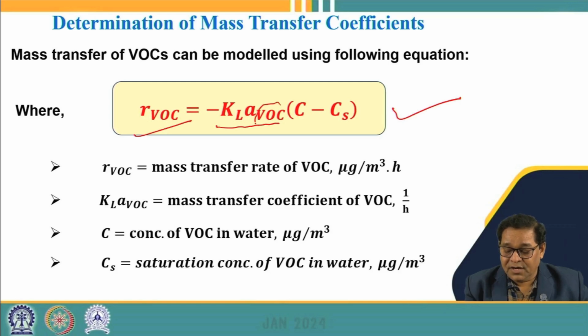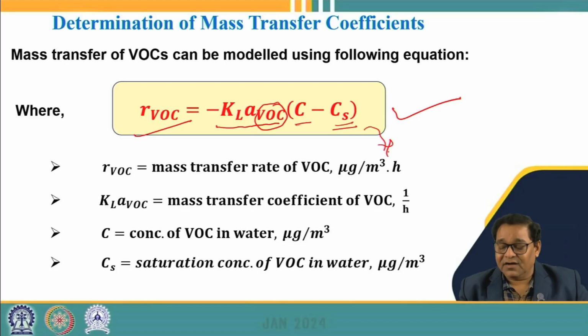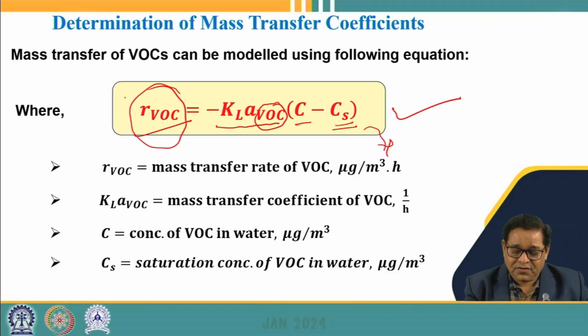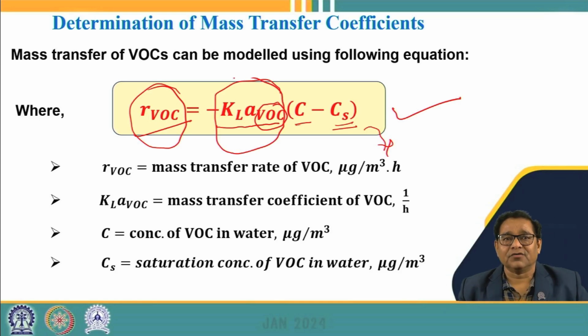This is mainly referred to for VOC removal, where C is the concentration of the VOC in the wastewater, CS is the saturation concentration, and r_VOC represents the mass transfer rate of VOC. This is the equation we can use to determine the KLA value, which is used in the previous equation to determine the height of the transfer unit.